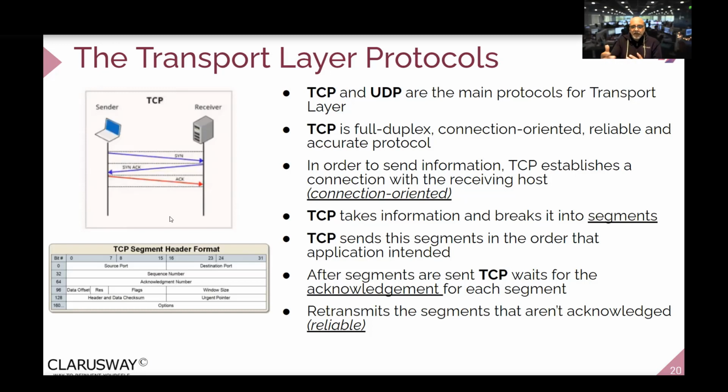It might cost you more, might take more time, but you have peace of mind that it got there. And that's exactly what the TCP protocol is for. That's why we say it's more reliable, it's accurate, it's sending the information, and it's connection oriented. It's doing all these acknowledgements back and forth.